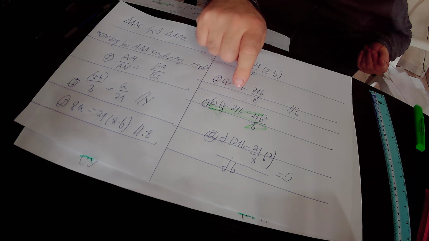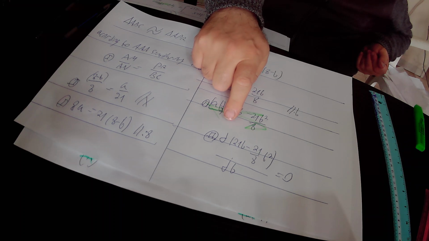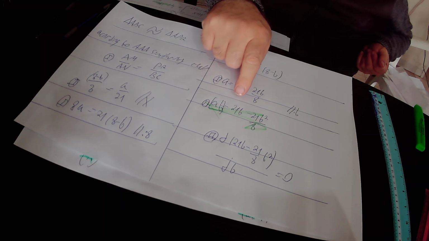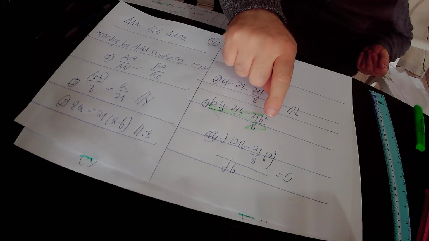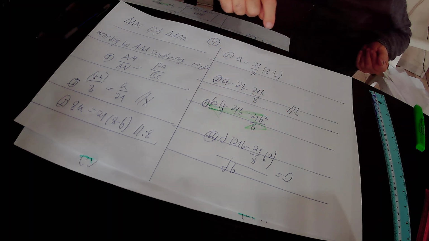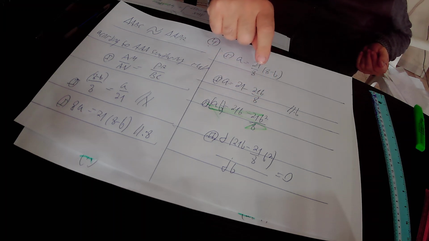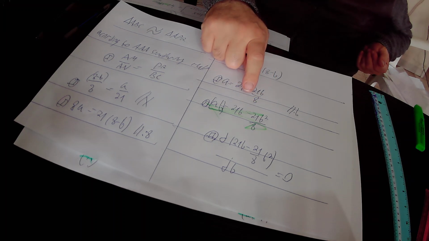That is to say, D is the abbreviation for the derivative of the function area, that is 21b minus 21 over 8 times b squared, and we differentiate it according to the variable b.